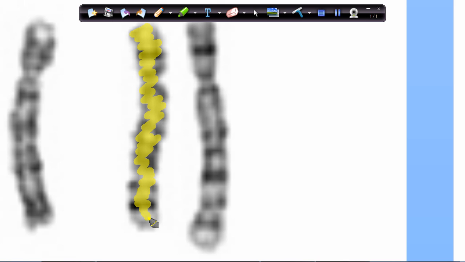Maybe this one came from mum, and we can highlight this one green. Maybe this one came from dad. And remember, a chromosome is basically a sausage of DNA, DNA coiled up tightly, compacted into a sausage-like structure. If we look at these chromosomes, they will have different versions of the same genes.